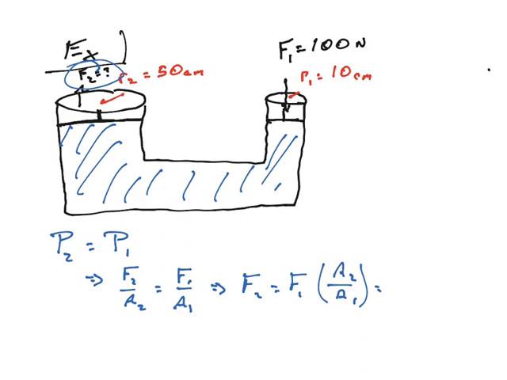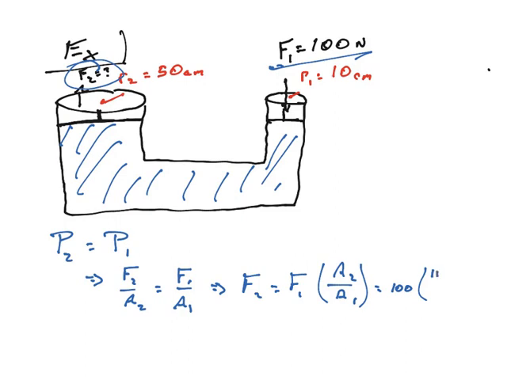Plugging some numbers in, I know force F1 is 100. What are these areas? Well, I'm going to assume these are cylindrical cavities here, and a cylindrical piston. And so the area of the piston is the area of a circle, which is just pi r squared.